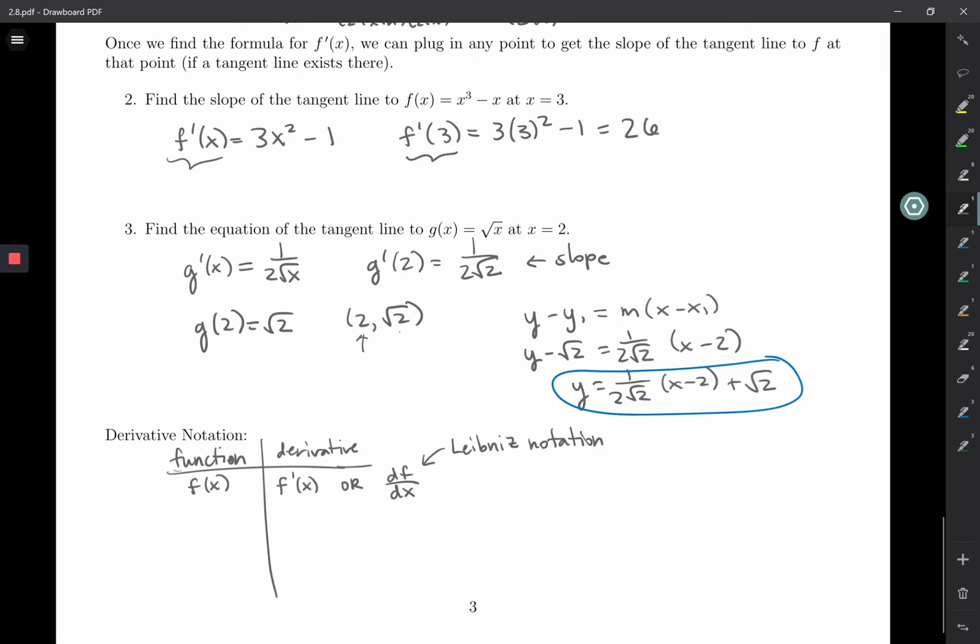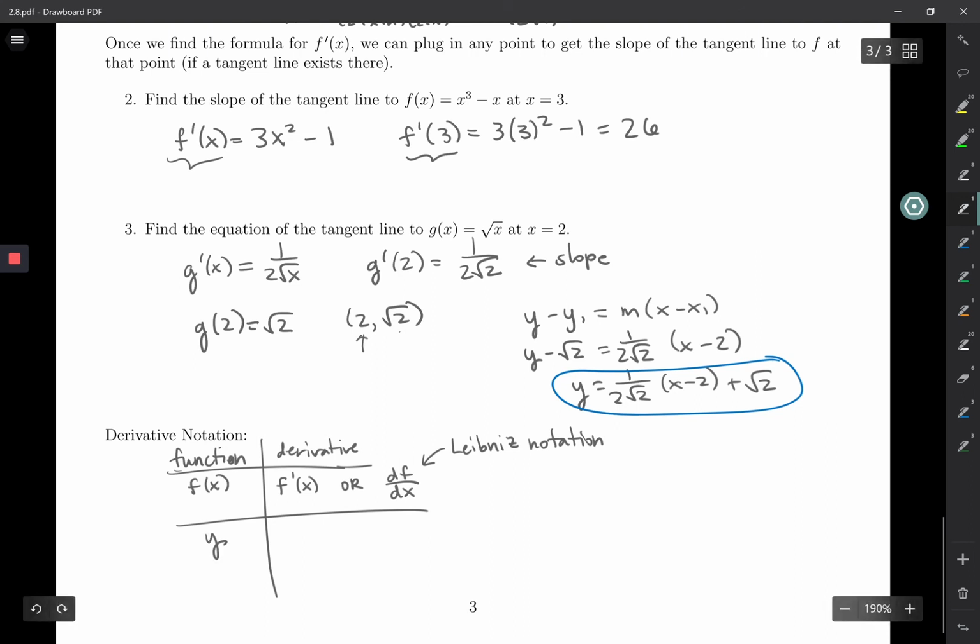And I think that most of the time people prefer to use the first one, but the second one is actually really nice to use as well. So there are some situations where this notation is just so much easier to write, and I think that you should, well, definitely you should know both because we're going to use both, and you should learn to like this one too. Okay, so that is if you're given your function as f of x.